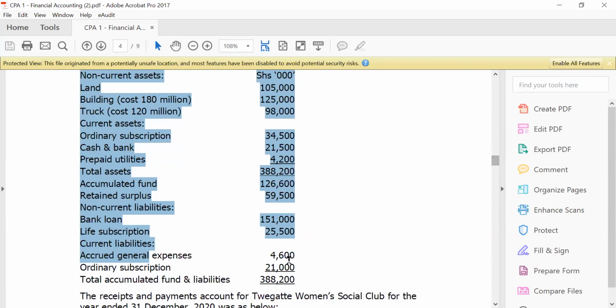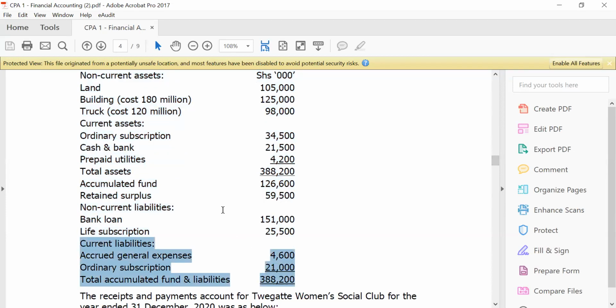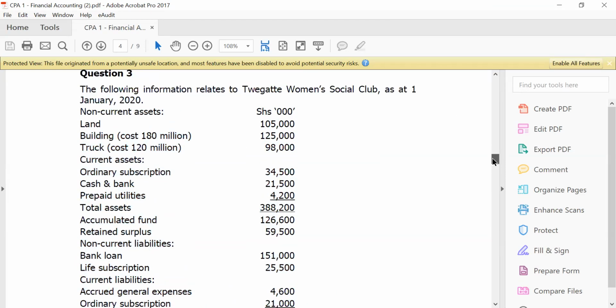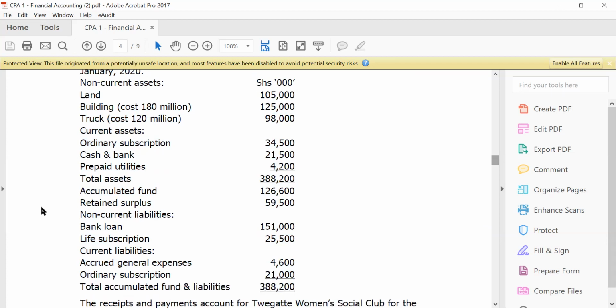So this is more like a statement of affairs. Some questions will ask you to draw up a statement of affairs to determine the accumulated fund. So in this case, the statement of affairs was provided with the accumulated fund. You needed not to draw it. So that's a very important element to note.